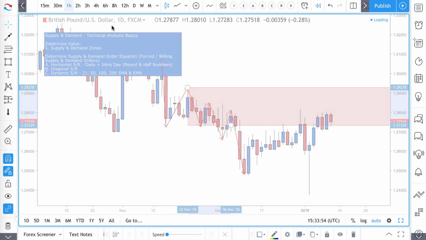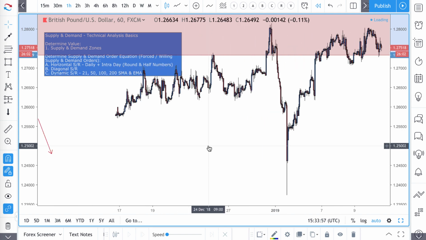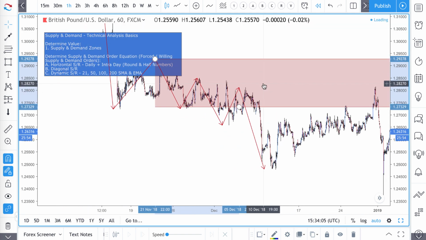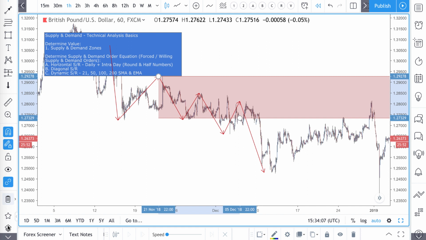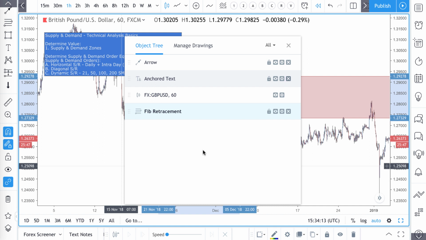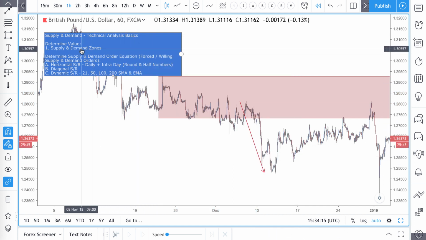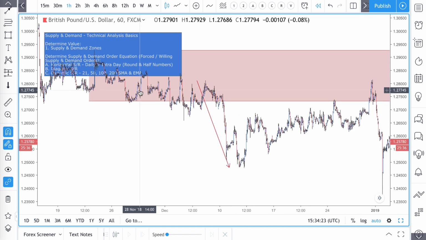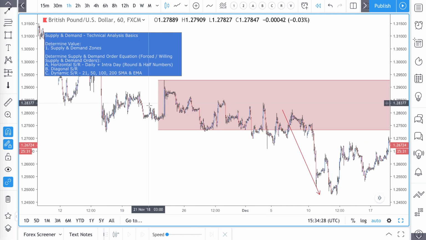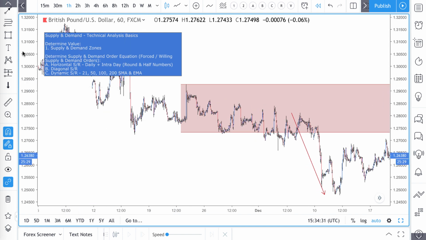If you're an intraday time frame trader, let's say for example you trade on the 1 hour chart, then within this daily zone of potential value, let me just get rid of some of these arrows. We determine supply and demand, and then we need to determine the supply and demand order equation, forced and willing supply and demand. But within this area of supply, you can look for intraday levels of support and resistance.